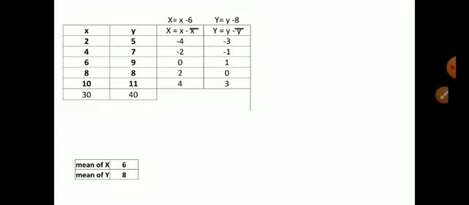What we have to find here is summation capital X square, summation capital Y square and summation capital XY. To calculate capital X square, we square the values: minus 4 into minus 4 is 16, minus 2 into minus 2 is 4, 0 into 0 is 0, 2 into 2 is 4, and 4 into 4 is 16.